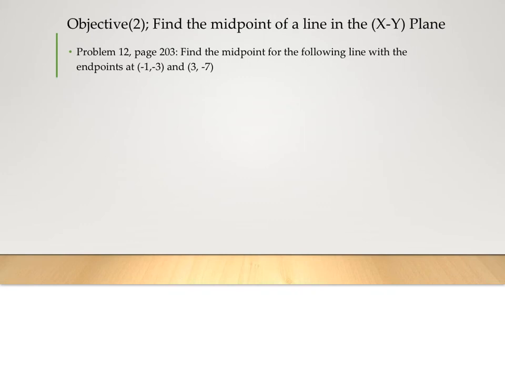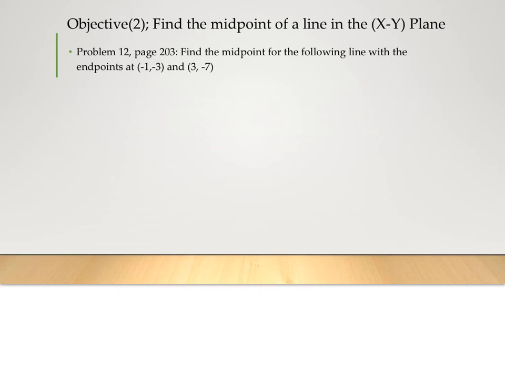So our objective 2 is to find the midpoint of a line in the xy plane. So this is problem 12 on page 203 of your book, and it says find the midpoint for the following line with the end points at negative 1, negative 3 and 3, negative 7.